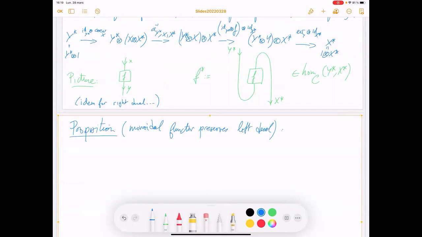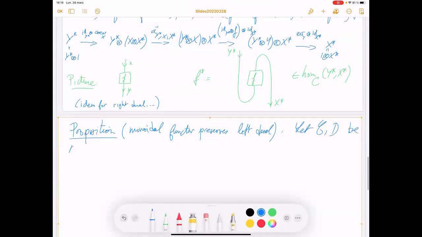So how to state that? So let C, D be monoidal categories, let F be a monoidal functor.